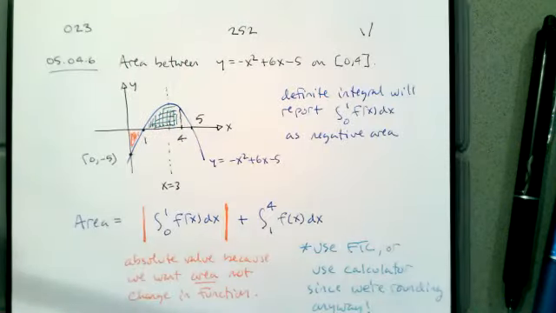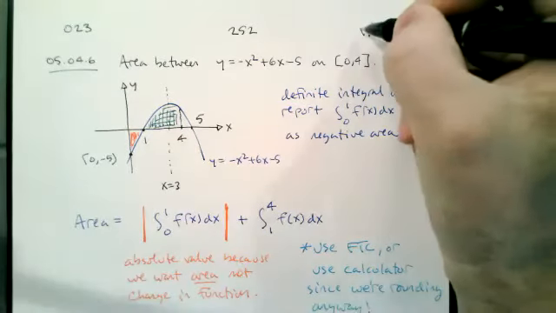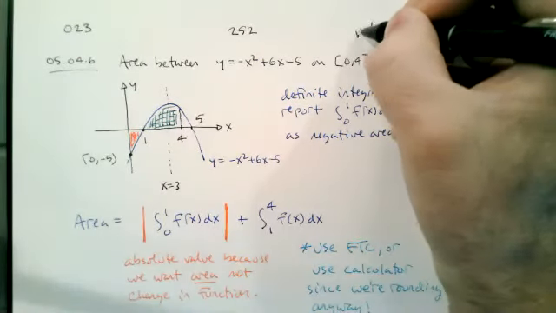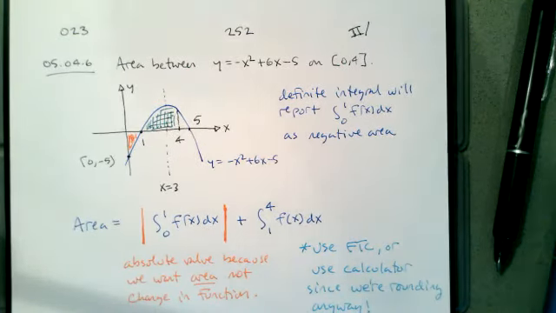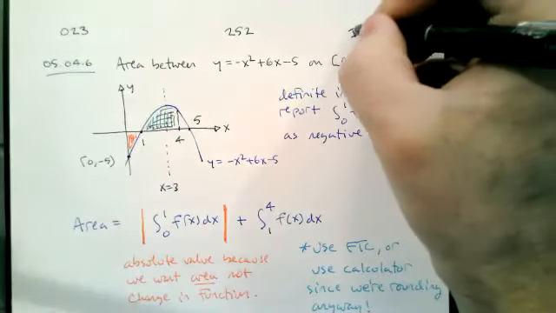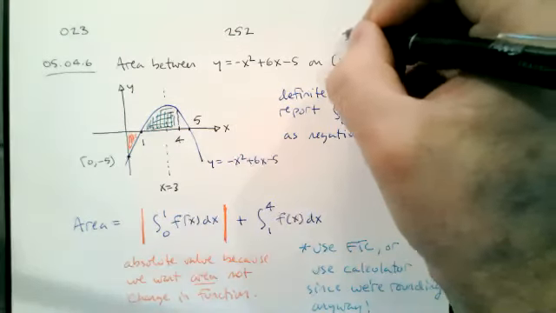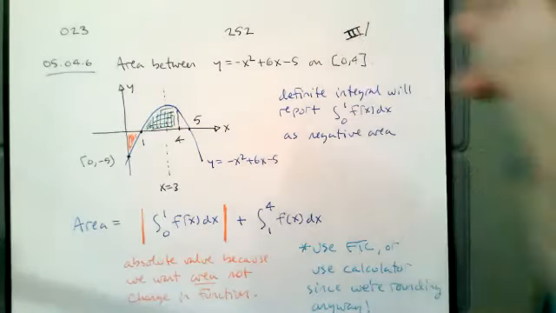Oh, I labeled this as page 1, so I'm going to have to go old school. There, now it's page 2. This was page 2, right? Oh, no, it's page 3. There, now we're old school.